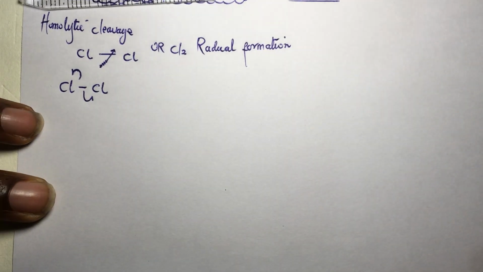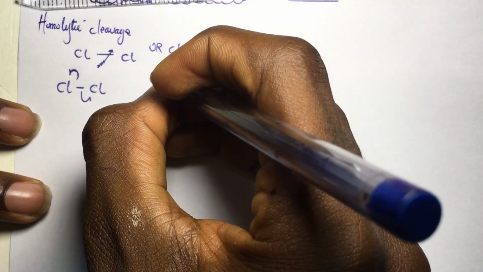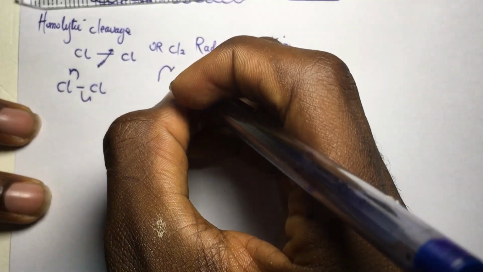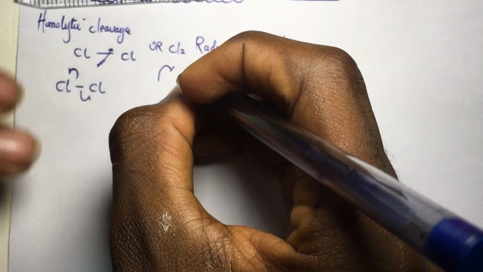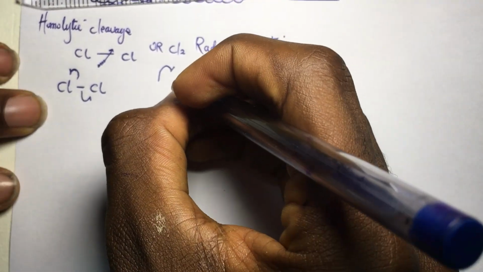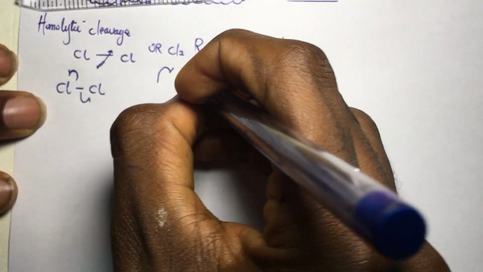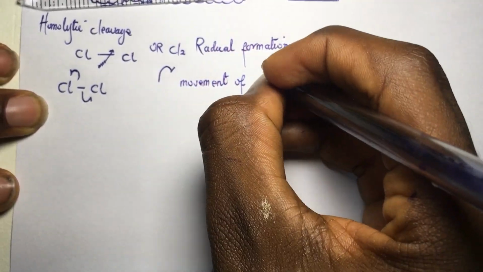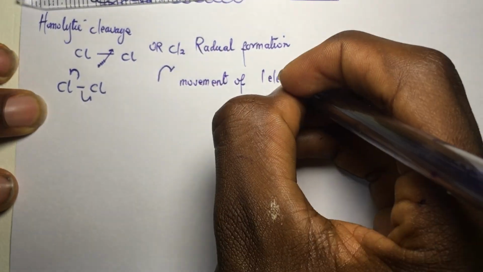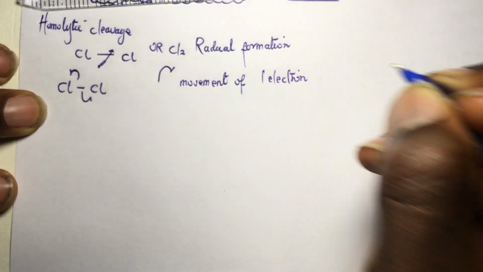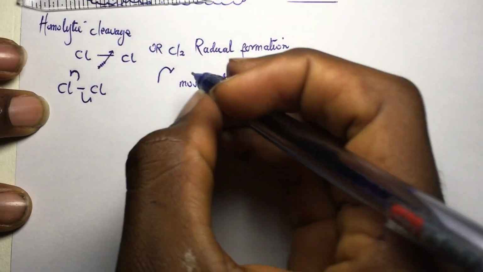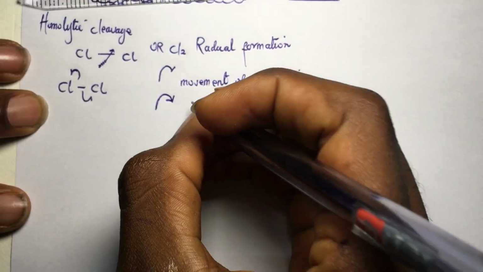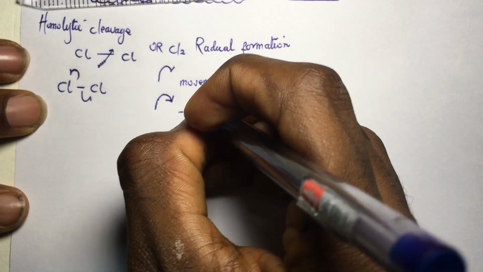Now you can see the kind of arrows I'm using. This arrow, a one-headed arrow, is just the movement of one electron. Now if you are using a two-headed arrow, it means there is a movement of 2 electrons.